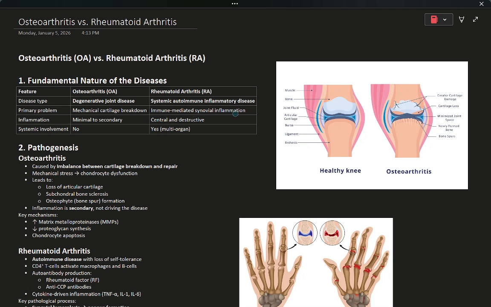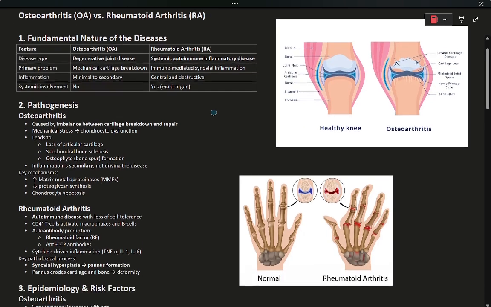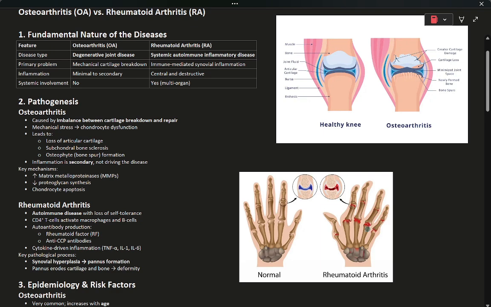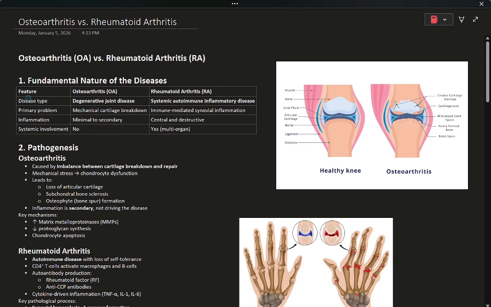And this can be shown by this figure right here, where the synovial parts of the joints are inflamed. Regarding inflammation, there is minimal inflammation in osteoarthritis, and if there is, then it is more secondary in nature.